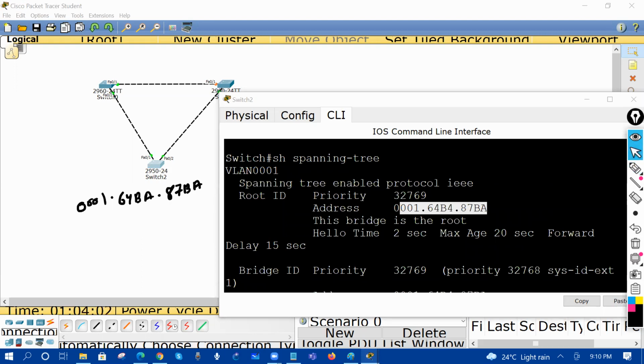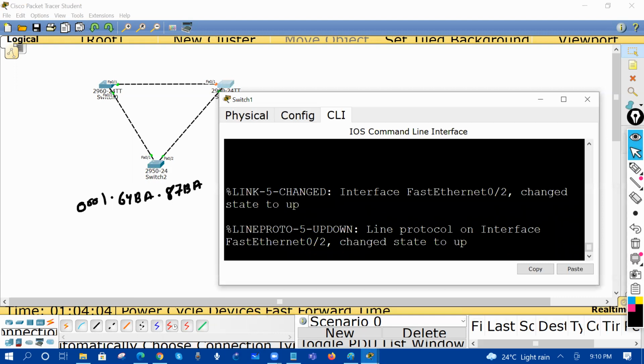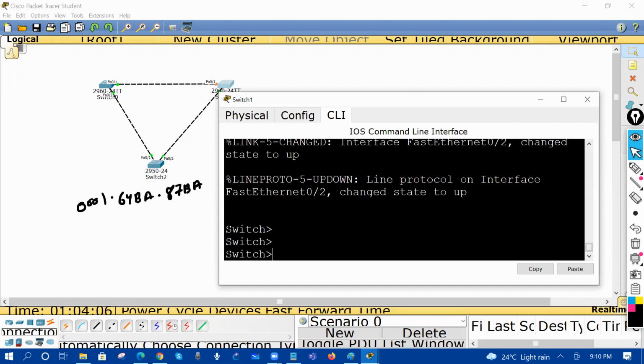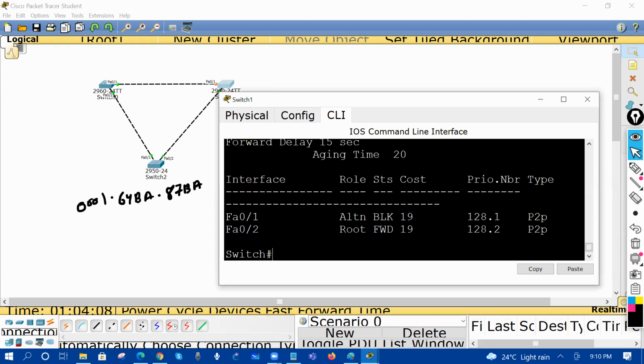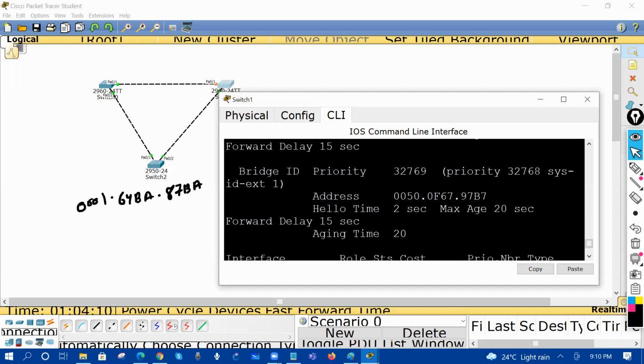And if you see the other one, open this one. Hey, what's your MAC address? Show spanning tree. You can see the bridge ID represents the information of the switch. So the MAC address of this one is 050, 0F67, then 97B7.